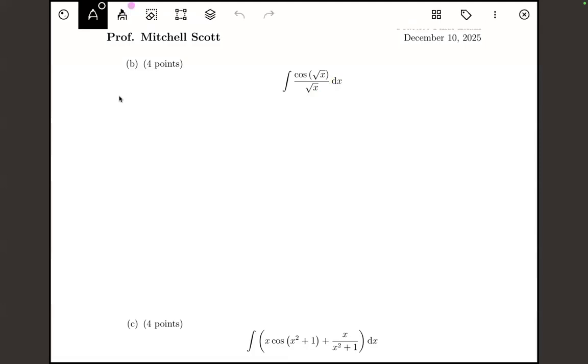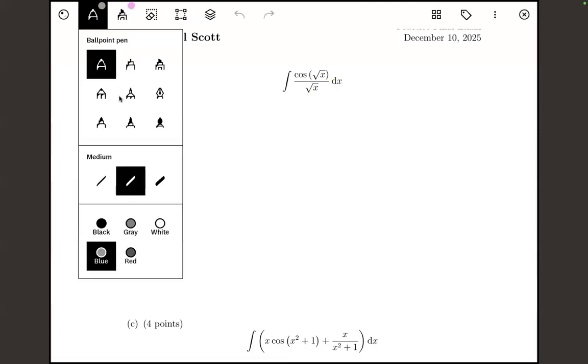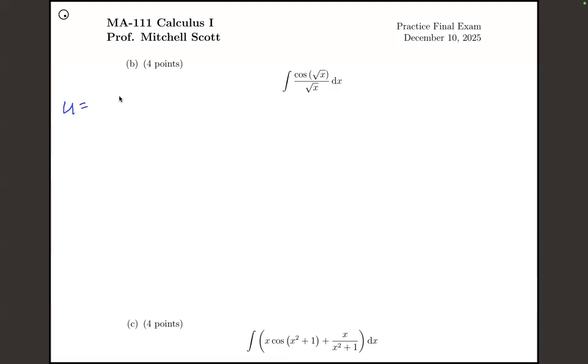So if I let u be the inside of this composite function, so u equals square root x, I might be tempted immediately to say, oh, so it's going to be cosine of u over u, but then I still get a dx. And that's not really helpful because, like I said, there's no quotient rule for integrals. So having cosine of u over u is not really going to get us anywhere, and we still end up with a dx. So we need to continue this process.